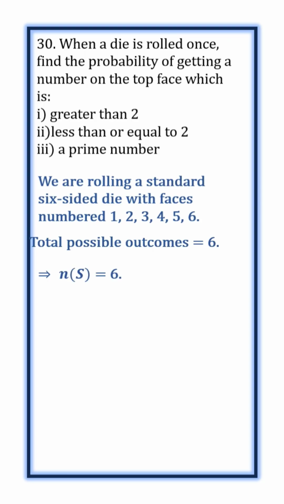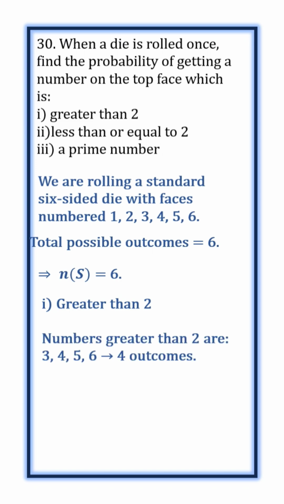Now let us find the probability of getting a number on the top face which is greater than 2. Let A be the outcome. Numbers greater than 2 are 3, 4, 5, 6, means 4 outcomes.